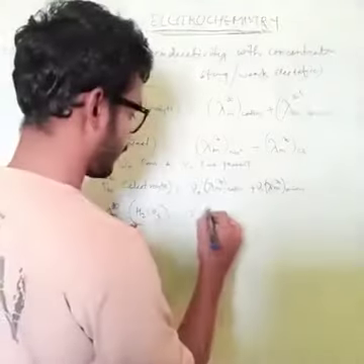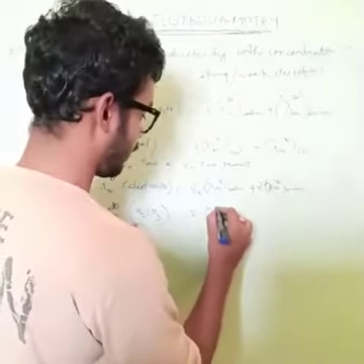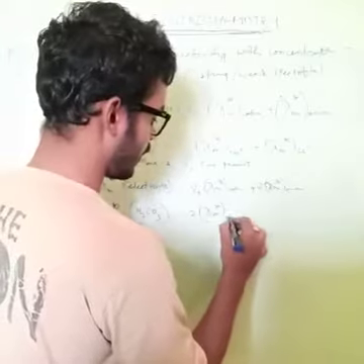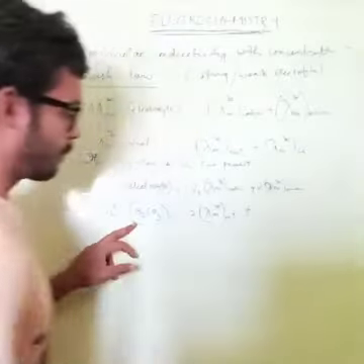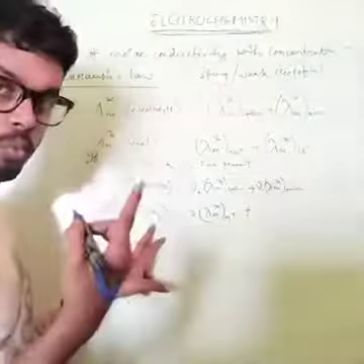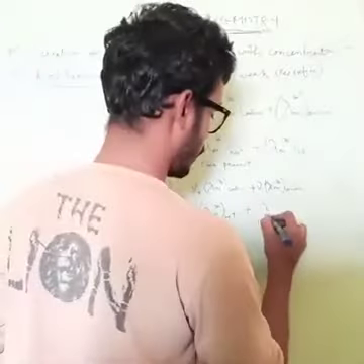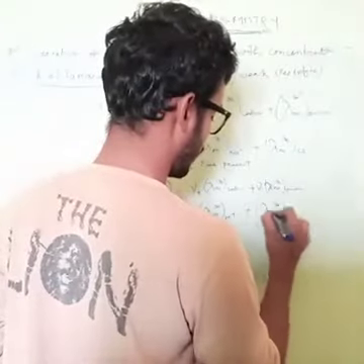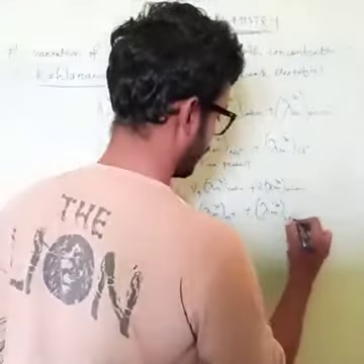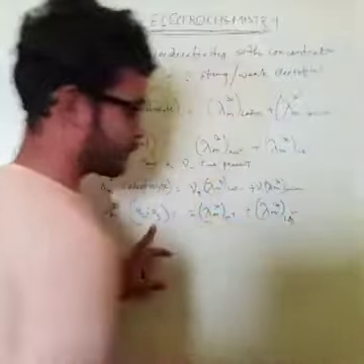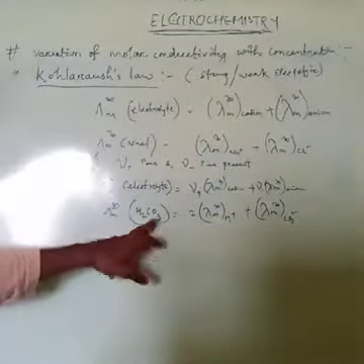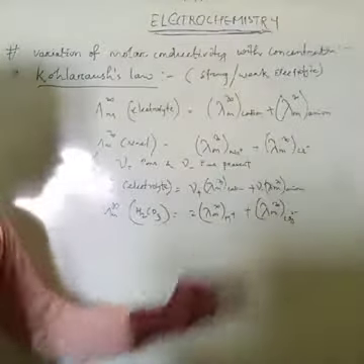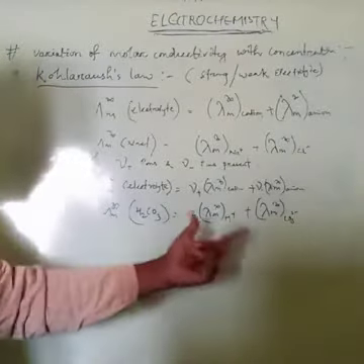So 2 lambda m infinite H plus, and how many CO3? 1. So plus lambda m infinite CO3 2 minus. Okay. So now you can write the definition also.